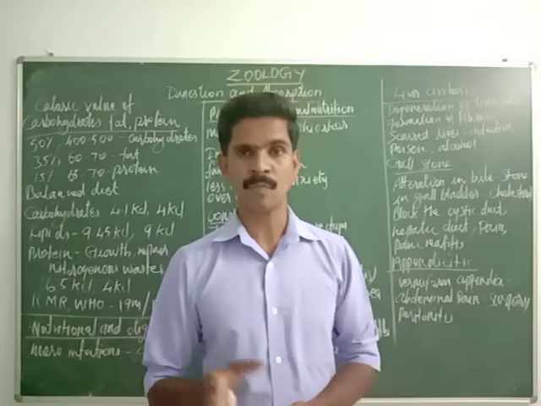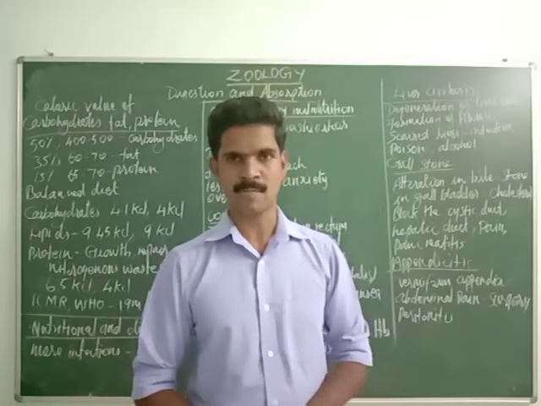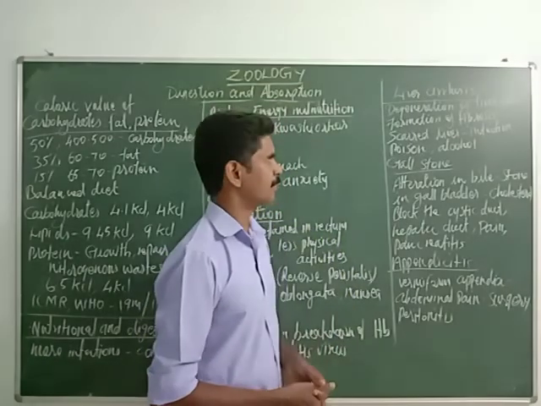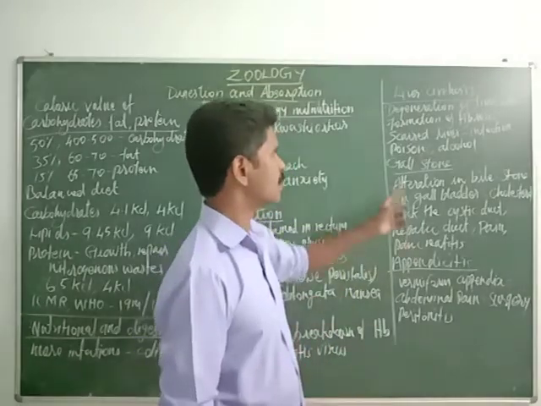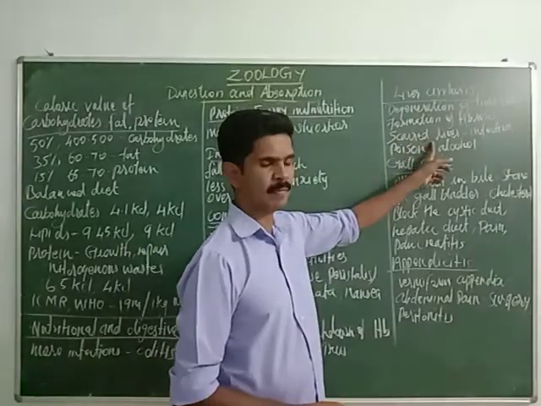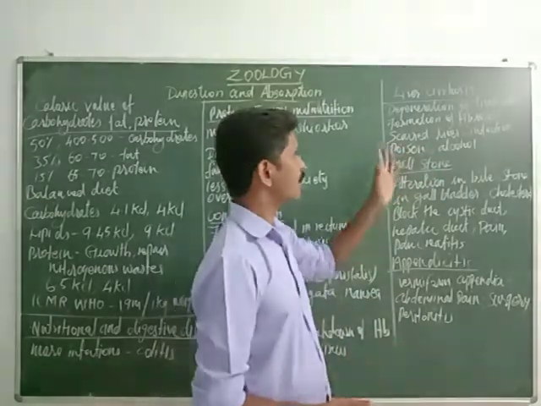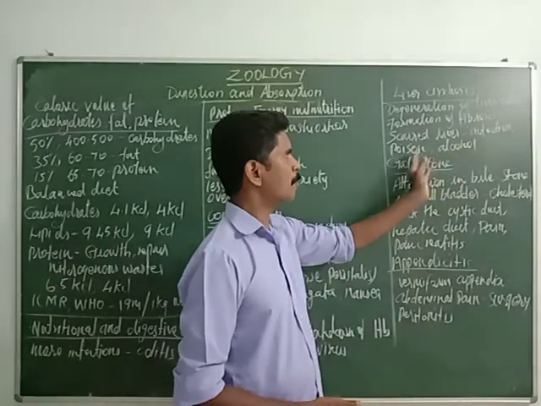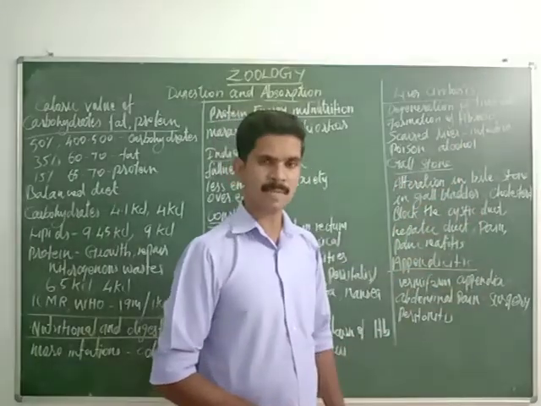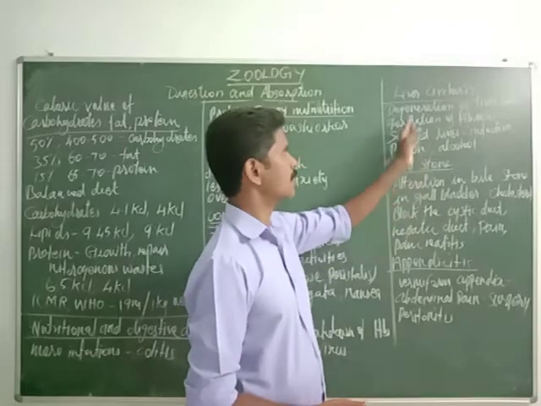So it leads to the formation of fibrosis. Liver cirrhosis is also known as scarred liver. The reasons for this liver cirrhosis are infection, poison, and overconsumption of alcohol.